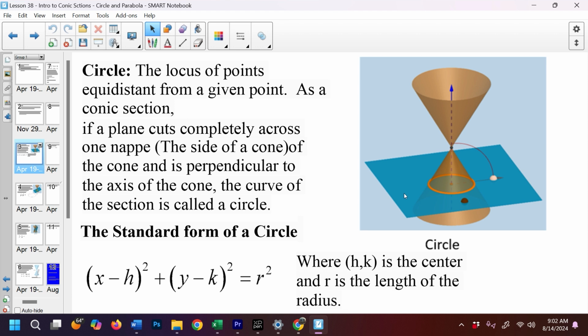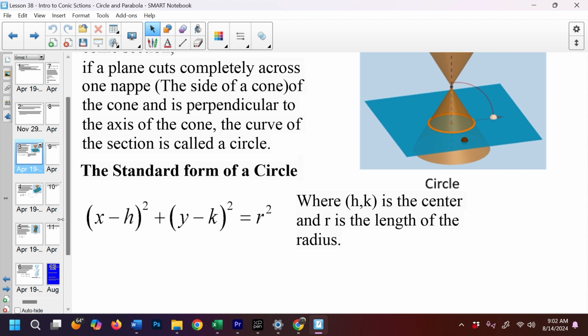The standard form of the equation of the circle is going to be the quantity x minus h squared plus the quantity y minus k squared is equal to r squared, where (h, k) is the center. Notice, positive h, positive k, and then they make them negatives here. We've dealt with that in the past, so just keep that in mind.